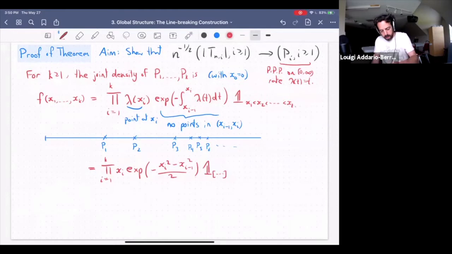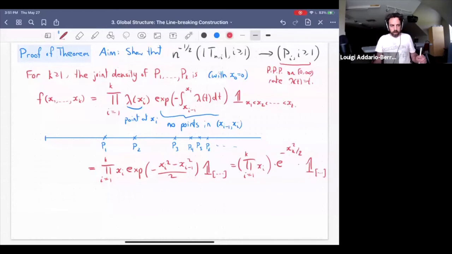But those exponentials telescope. So this gives us the product from 1 to k of xi, all times e to the minus xk squared on 2, and then the indicator that the points are in increasing order. So that's the joint density of the first k points of the Poisson process.